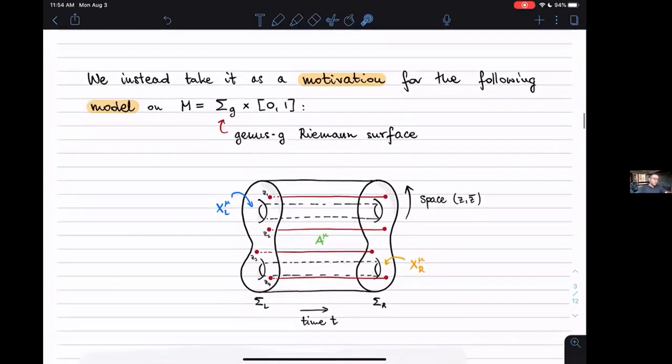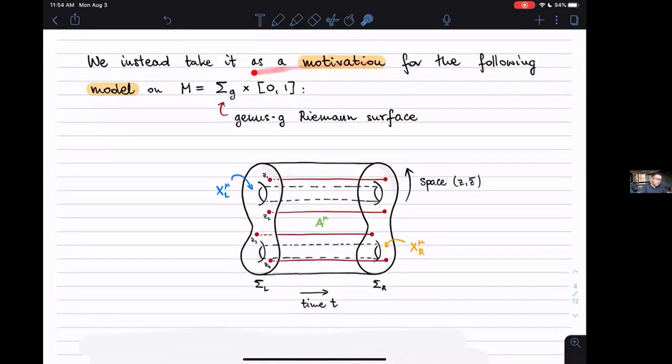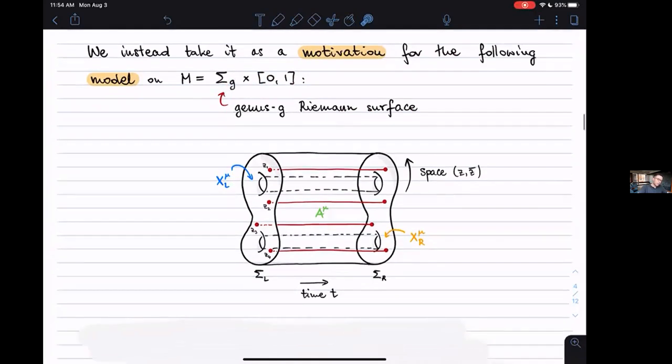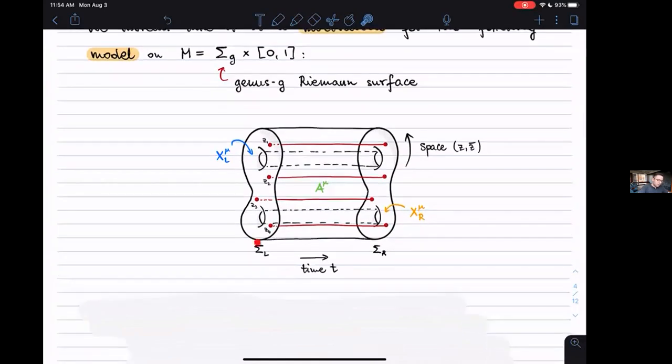This will give us a motivation for the following model. It's not a theory, it's just a model. The model will be on a three-manifold which I call M, given by a product manifold of a genus g Riemann surface, Sigma_g, times an interval. On one end we'll have one Riemann surface, which I call Sigma_L, and on the other end the Riemann surface Sigma_R, and there's stuff in the middle.